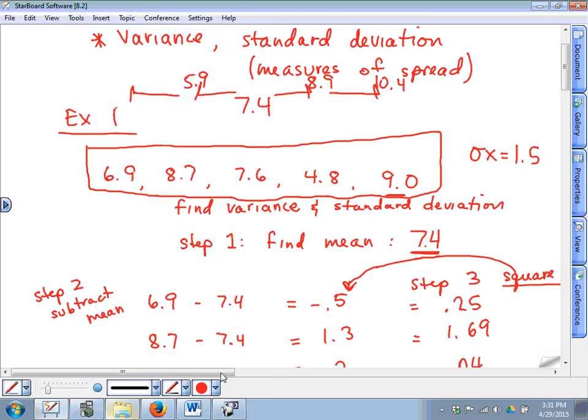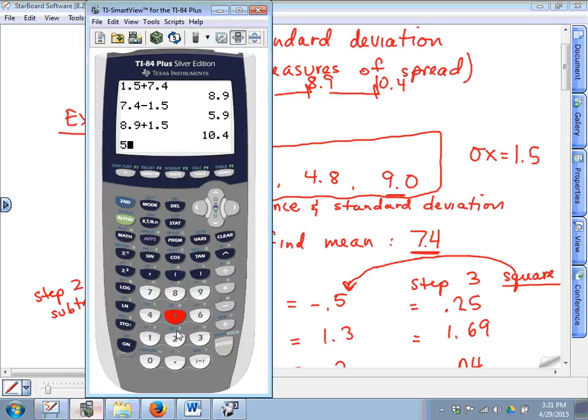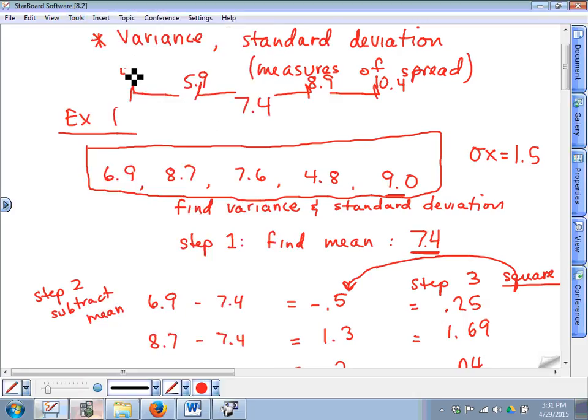And then if I subtract another 1.5 from 5.9, that's 4.4. So now we're at 2 standard deviations away from the mean. So we're from 4.4 to 10.4.